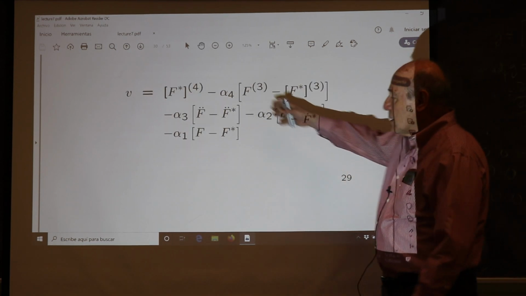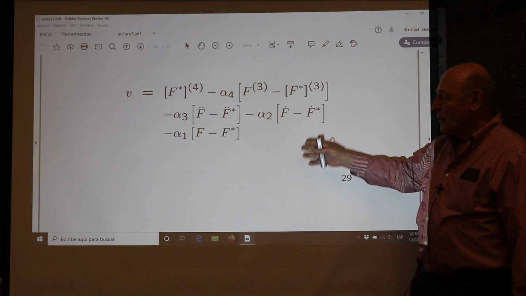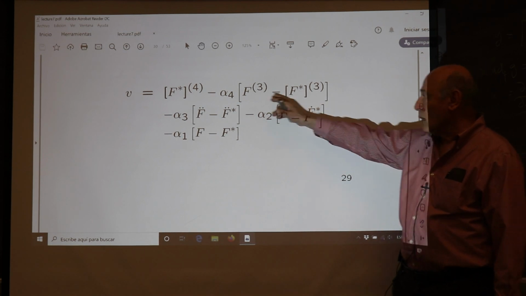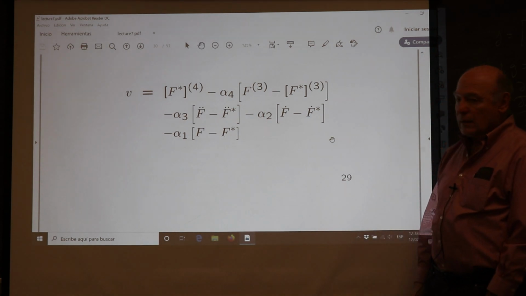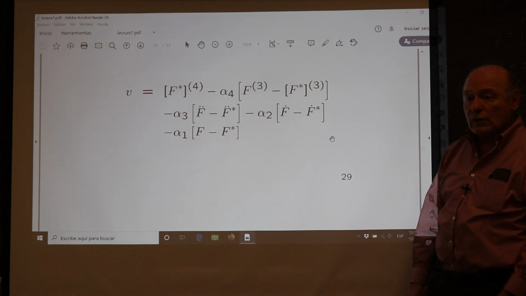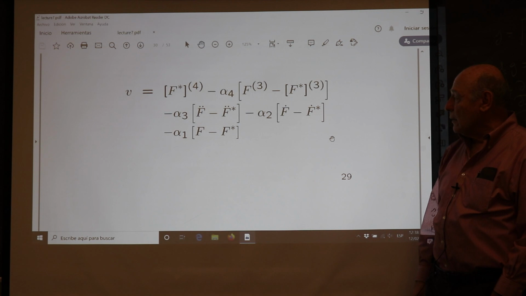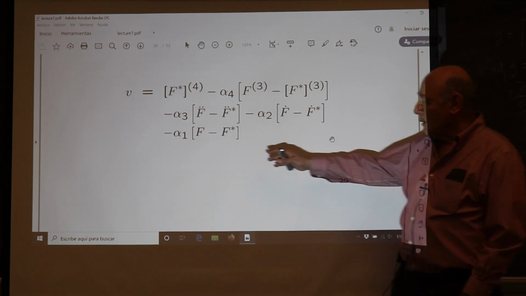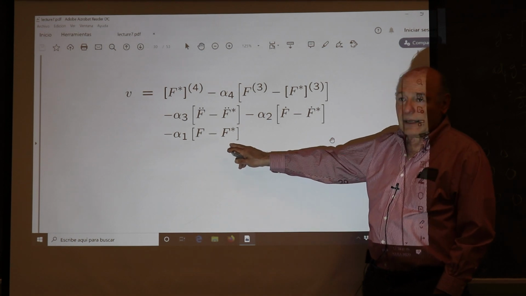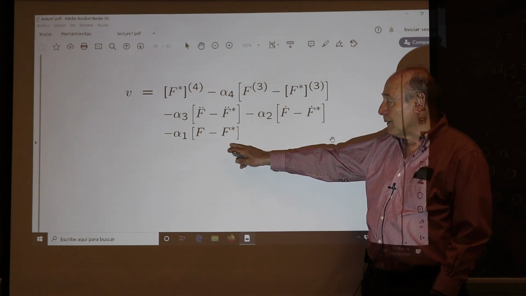But the rest is just a linear design in terms of the state variables, because all these derivatives of the flat output are just functions of the state from the inverse of the differential parametrization. So the problem is tracking F star, which you already defined.